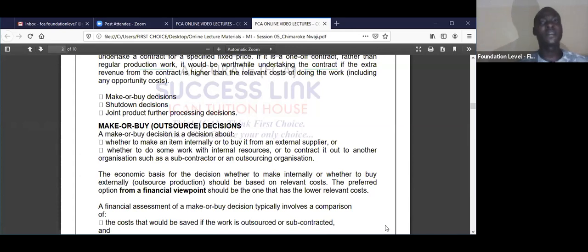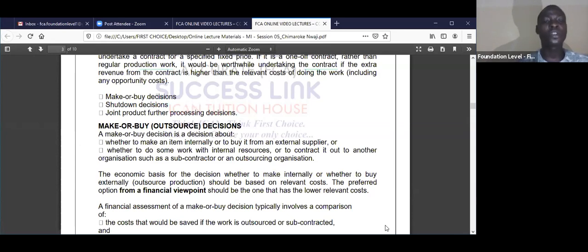Or you are a manufacturer of soft drinks, but you also have the capacity to make the bottles or to make the crown cork. You can decide to source that crown cork externally, or you can make it. Now, what are the basis for you to decide if you want to make these components or these goods yourself, or you want to subcontract them?